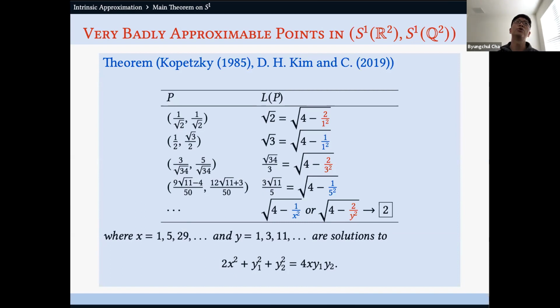Okay, so here's my first result. We were able to characterize all very badly approximable points in the one-sphere, that's a circle sitting inside R2 with the usual rational points.